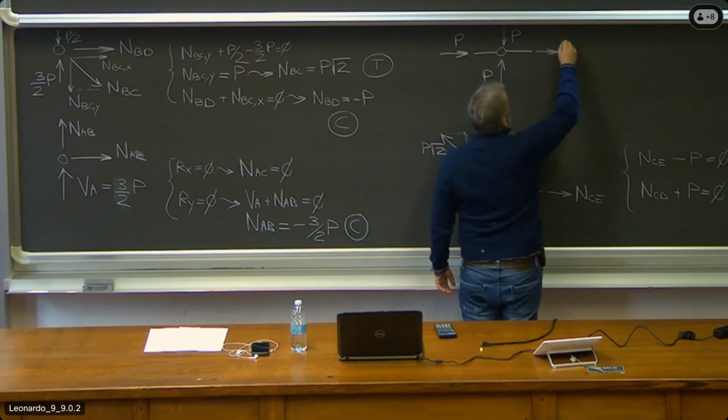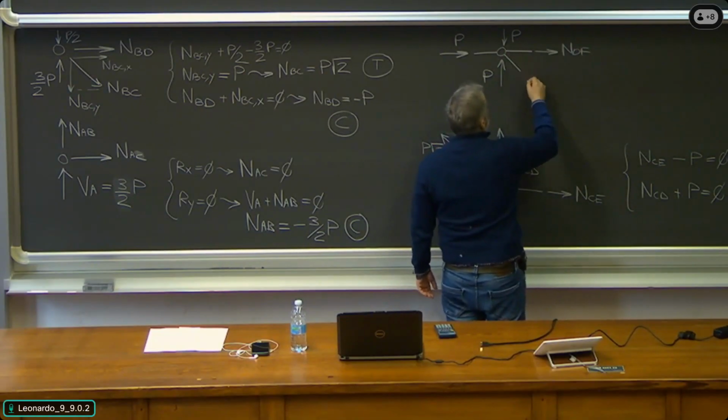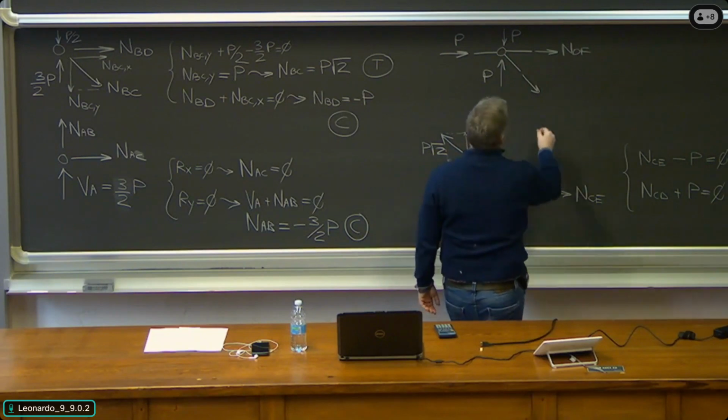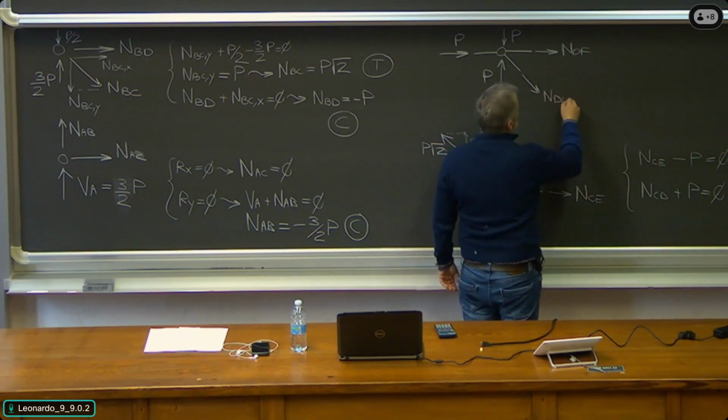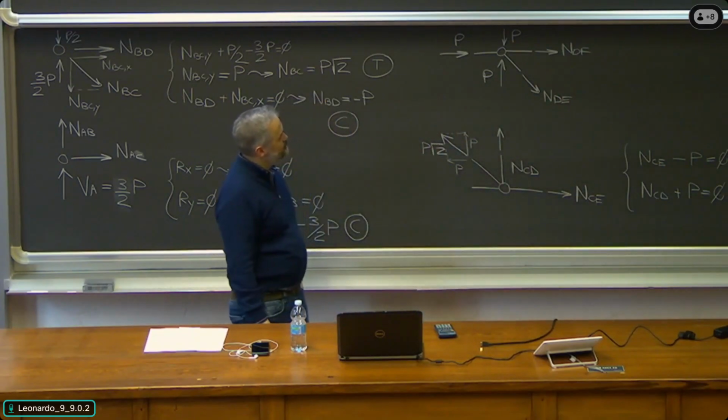So here we have NDF. And then we have a diagonal, whose name is DE. So this is NDE. Okay?